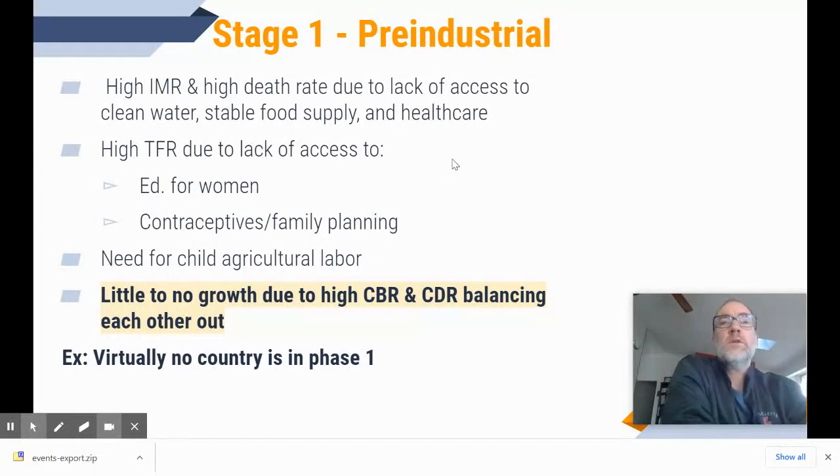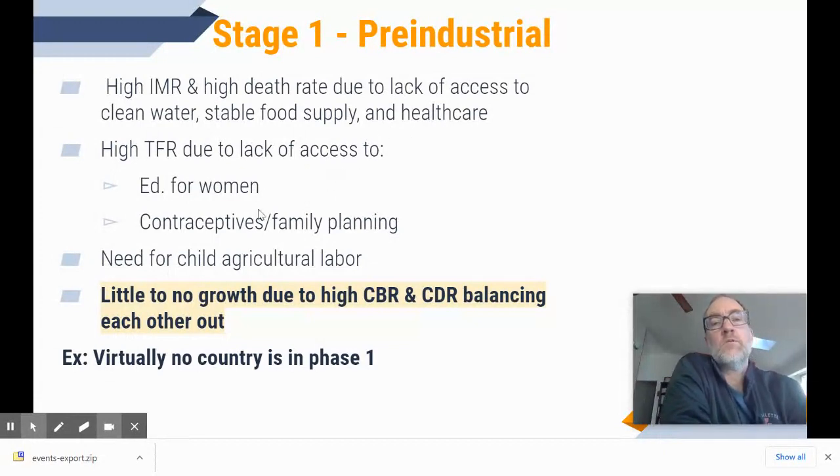Stage 1, those pre-industrial countries, would be the ones that are least developed. We just talked about how they have a high infant mortality rate and high death rate. Again, clean water, stable food supply, and healthcare are all limited. There's also a lack of education for women, contraception, and a need for children in agriculture.